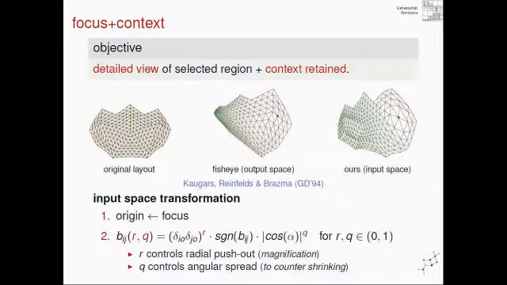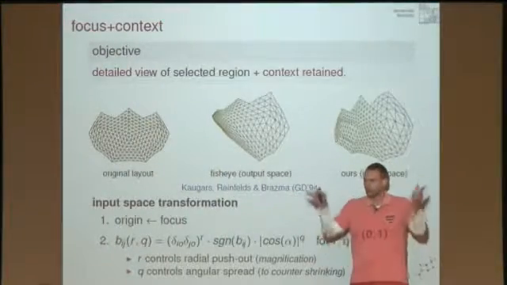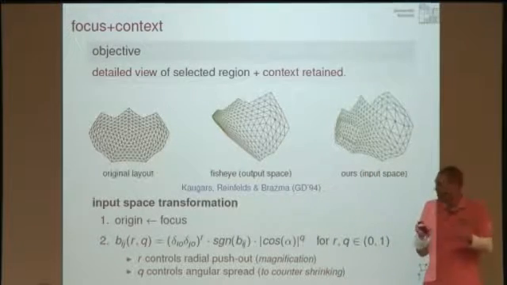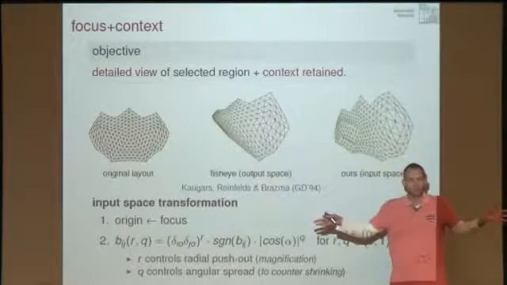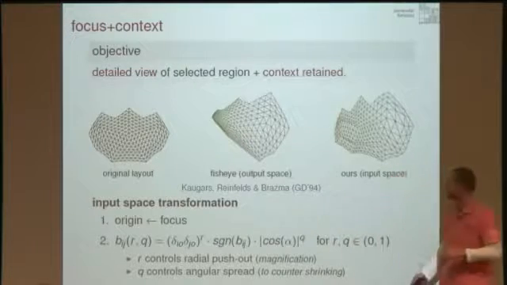We just control the contribution of the length of the distance from that origin, and we control the angle between the two position vectors. So what this does is that we can enlarge an area by choosing R appropriately, right? Focus on all of the distances that are close to the focal area, and we can also spread the context around by changing the exponent for the angle.